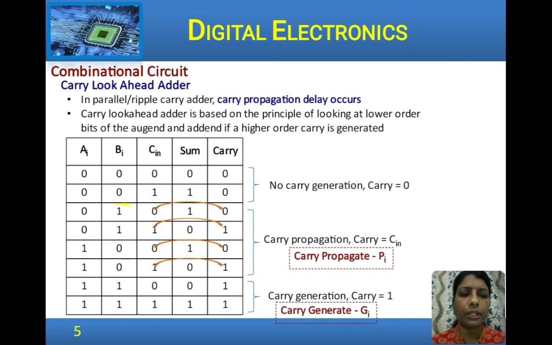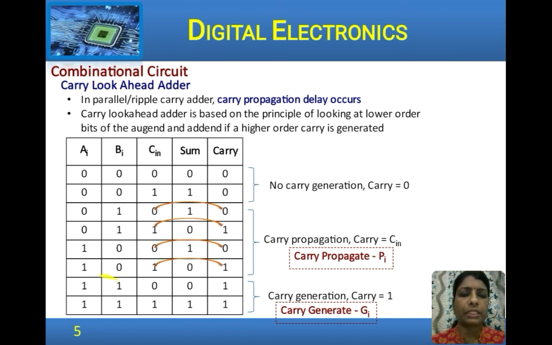Now, look at the next 4 combinations. When either A or B, one of them, is 1, then whatever the carry is, that gets propagated out as the output carry. You can see 0 becomes 0, 1 is 1, 0 is 0, 1 is 1. So, that is carry propagation. Carry out is equal to carry in. This is carry propagation, indicated by the symbol Pi.